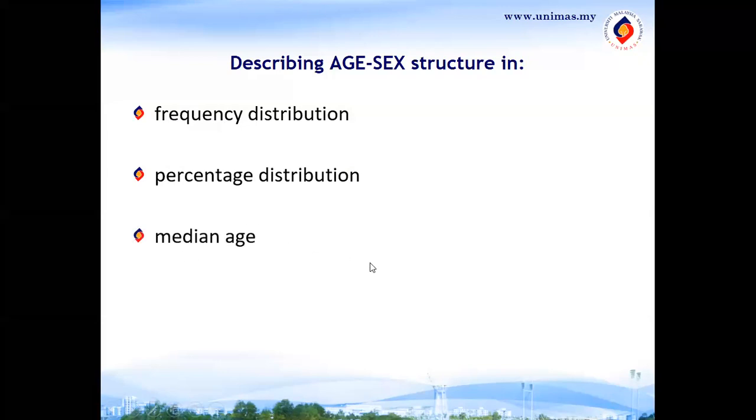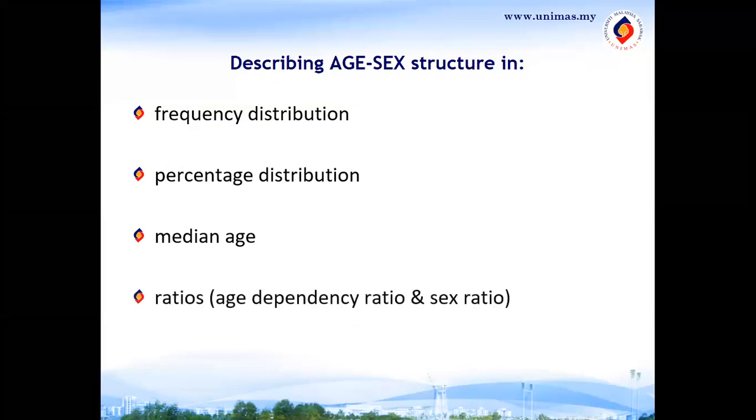The other description of age structure can be done or can be seen from the median age. Ya, nanti kita akan tunjukkan why median age is important as a way to describe the age and also particularly age distribution.